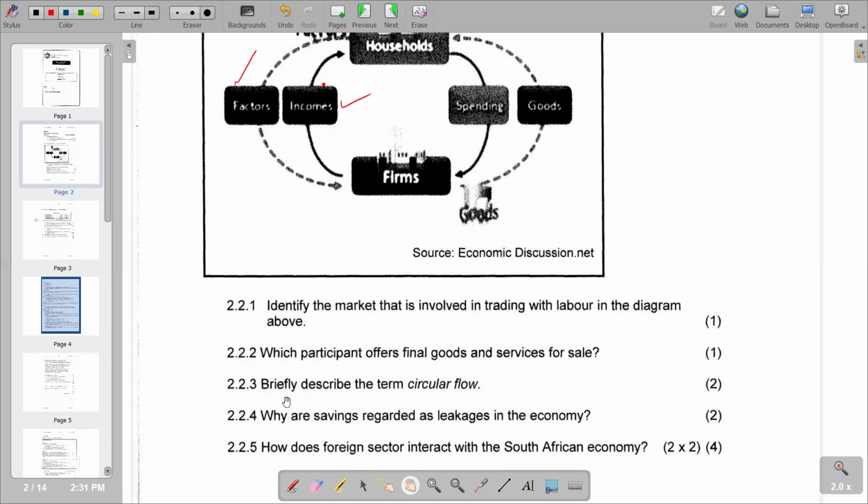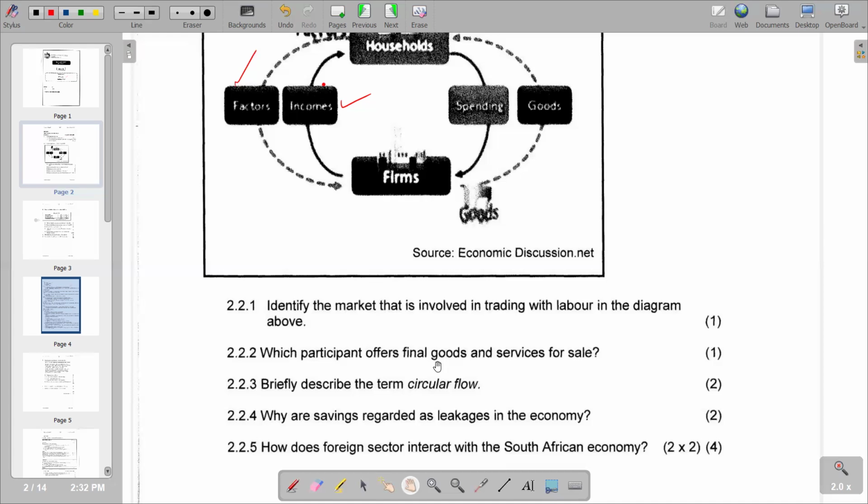Then 2.2.3: briefly describe the term circular flow. So for the description of circular flow, you would see that we can define it as a model of the economy in which the major exchanges are represented as flows of money, goods, and services. So basically, we have a scenario whereby we have various participants in the circular flow model.